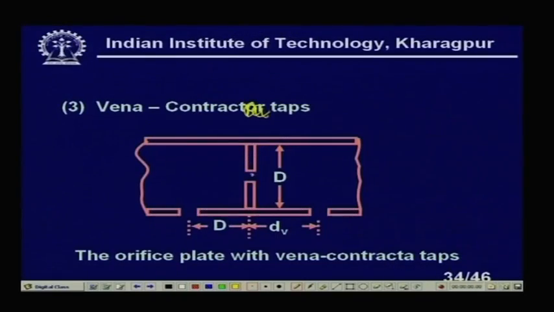That is the reason why people do this, because as I told you, the area of the minimum cross section is not here, it is a little far away. So this is the tap where I am measuring the downstream pressure, at the place of the vena contracta, which is the area of the minimum cross section of the fluid flow.